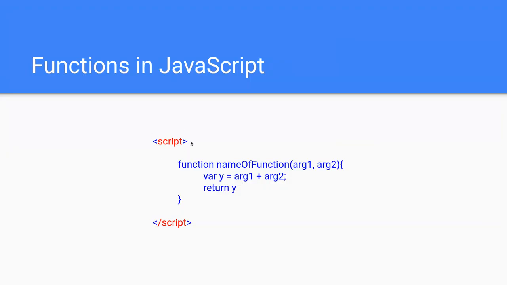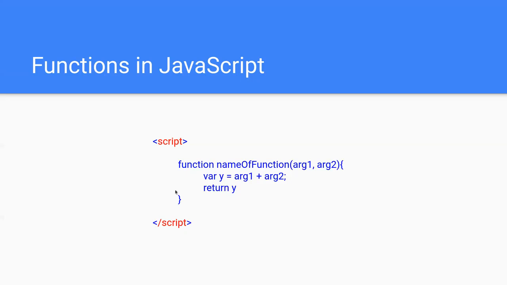Next, when you want to create a function, you write the keyword function followed by a name of the function. Then there are parentheses after that. Inside the parentheses, you can define your own variables. So you can name the variables anything. Next, there are curly braces inside which you have to define the operations that happen when this function is called.